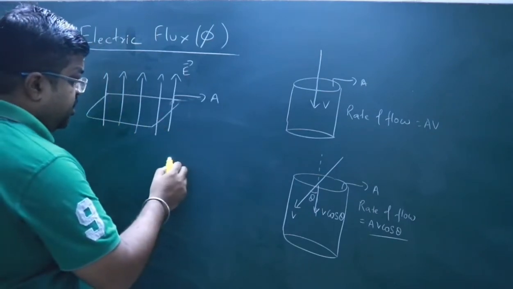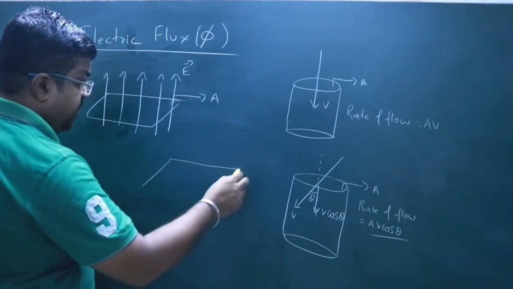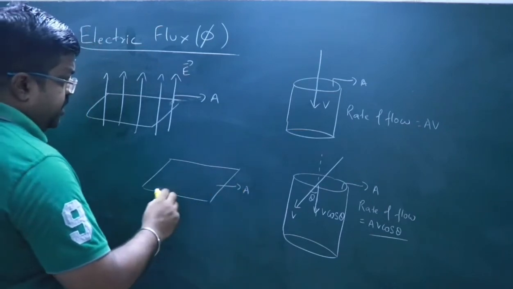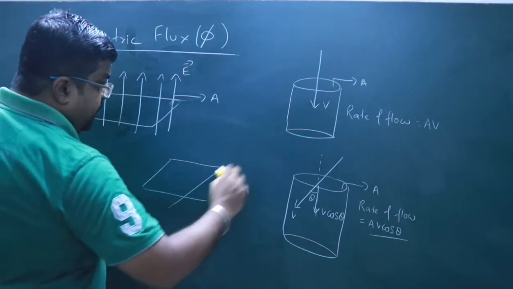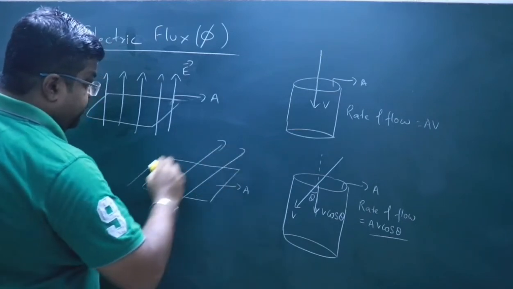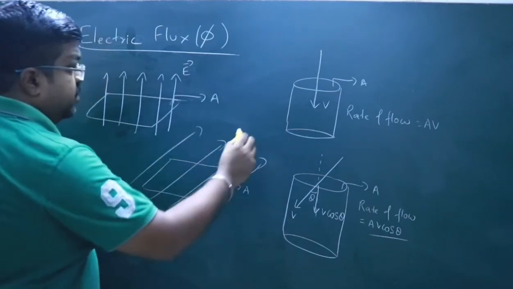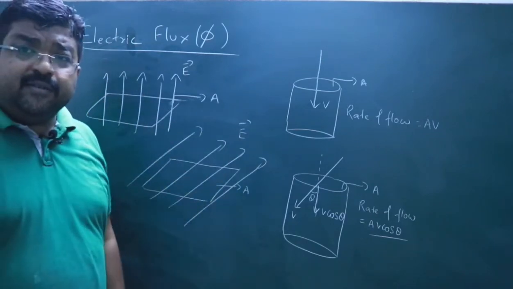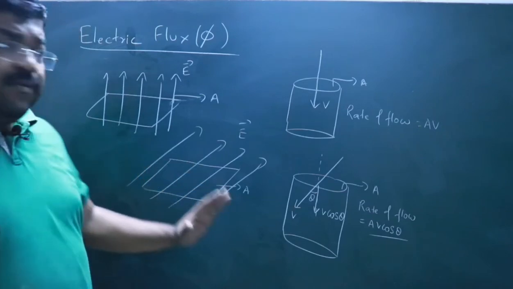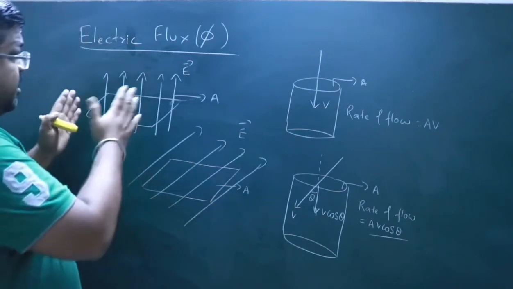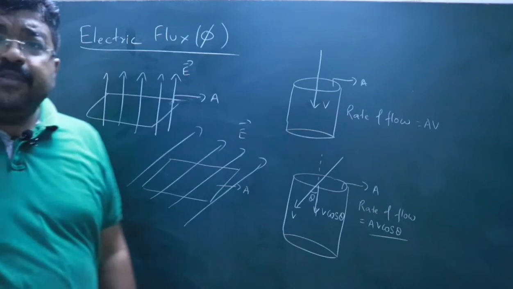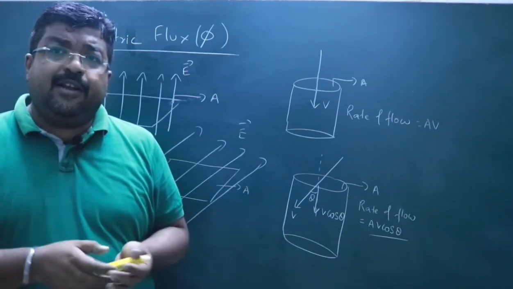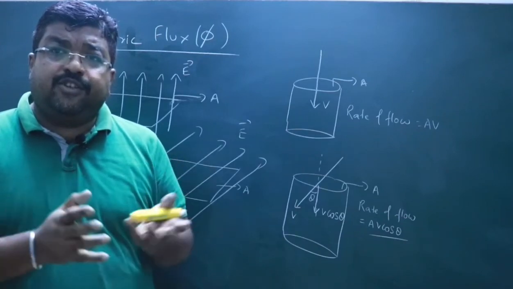Now if I change the direction of electric field intensity, keeping the area same, what happens? See, now the electric field intensity is directed in this direction. Same electric field, but I have changed its direction. This electric field I have represented with the help of electric field lines, and we know that electric field lines are used to represent the electrical environment surrounding a charge.